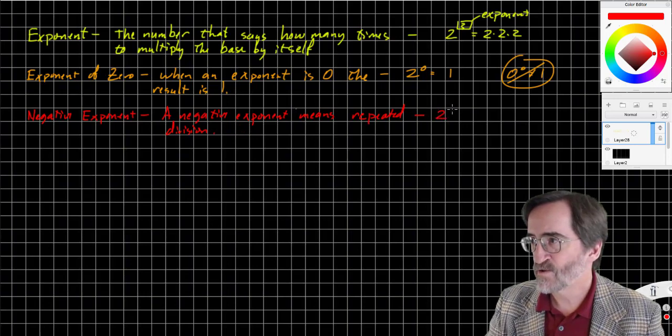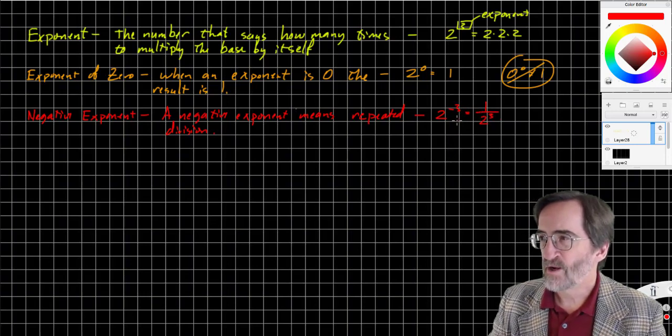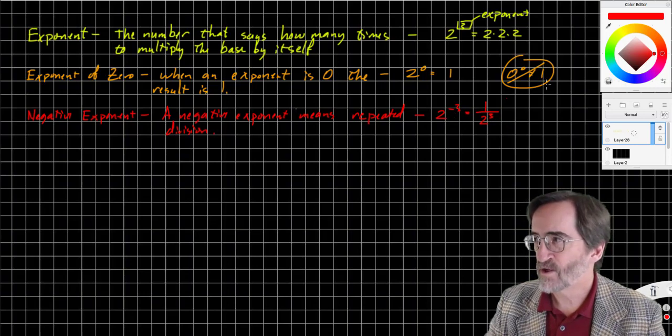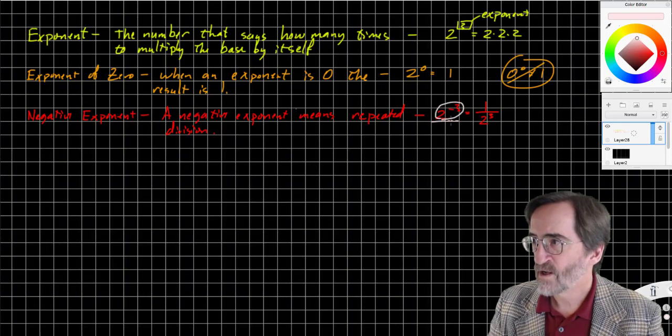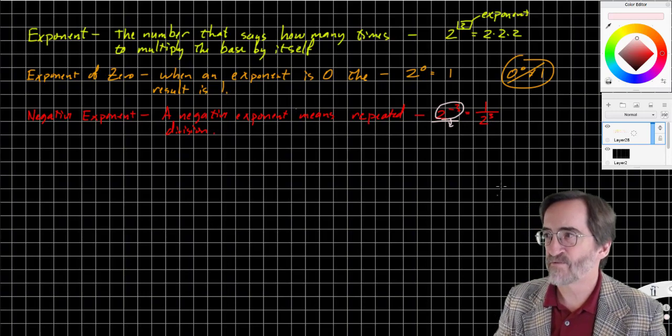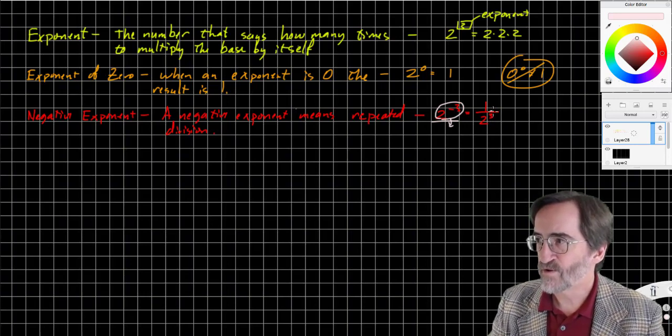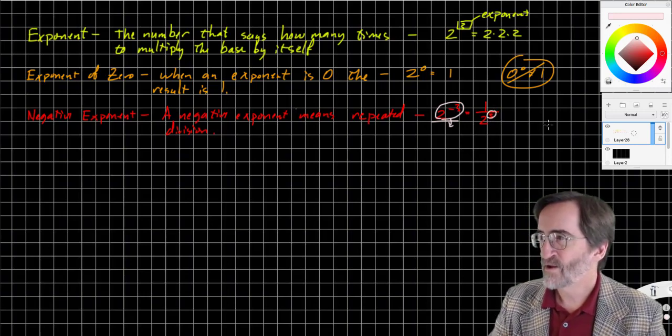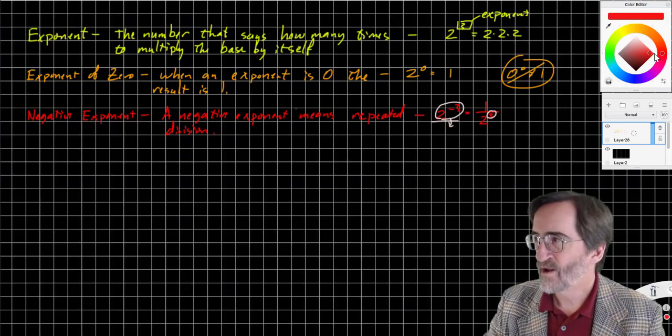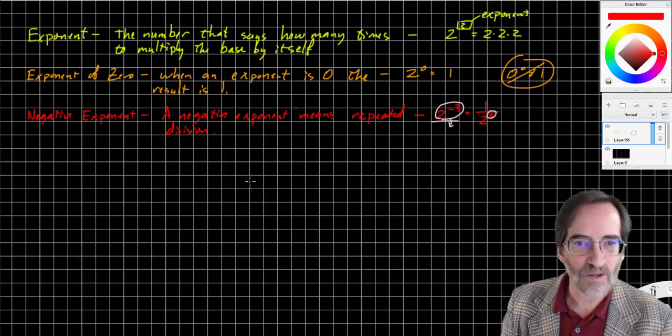So 2 to the negative third is 1 divided by 2 to the third. Another way to think of it is you can move a base with a negative exponent across the fraction bar, and the negative exponent becomes positive, 2 to the third. Okay, that's it for Lesson 1.